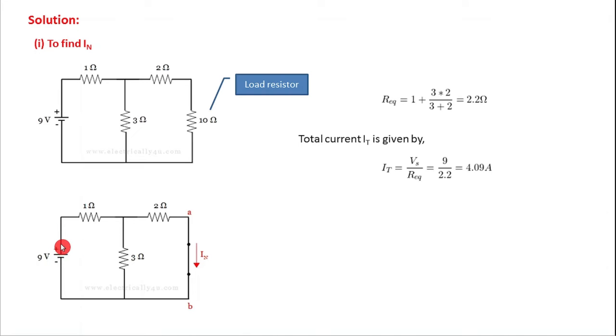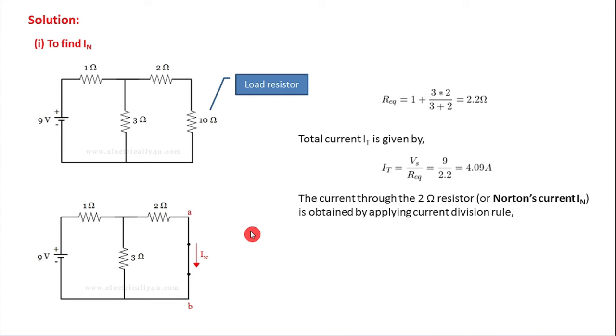So the current flowing from the supply has two paths. One is through the 3 ohm resistor and the other is through the 2 ohm resistor. So by applying the current division rule, we can find out the Norton's current or current through the 2 ohm resistor. So how to apply the current division rule?